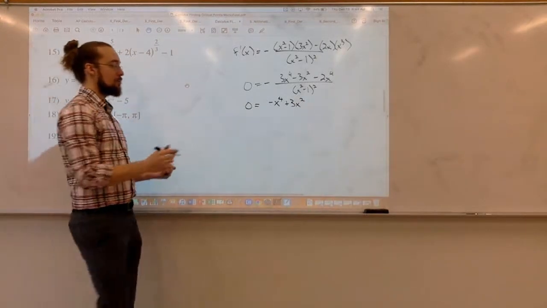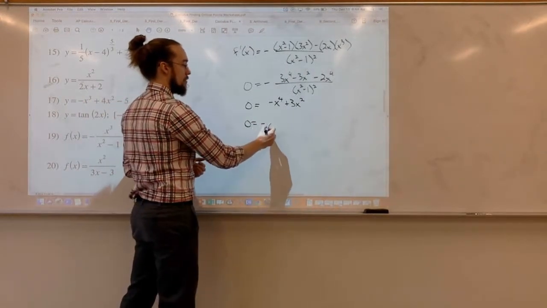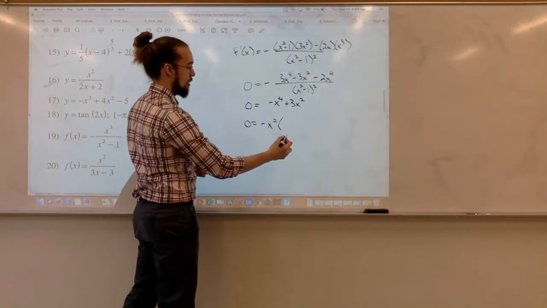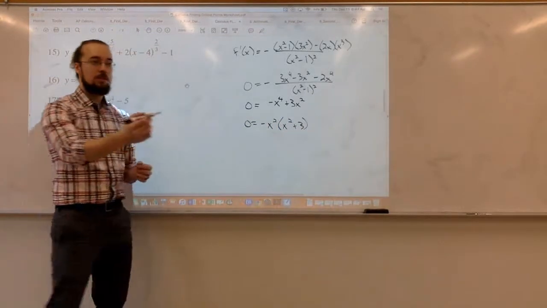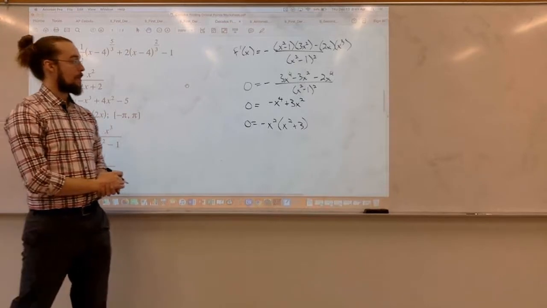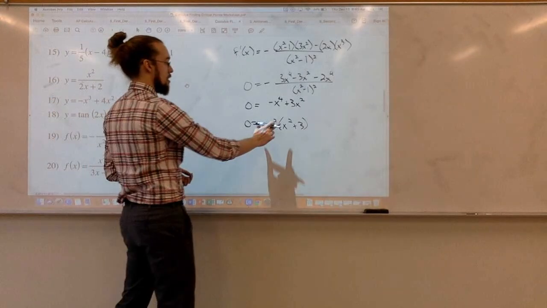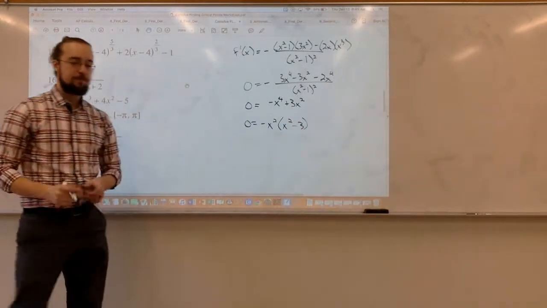So I can factor out a negative x squared here and have x squared plus 3 left. What would it be, minus 3 since you took out the negative? Yes, thank you. x squared minus 3.